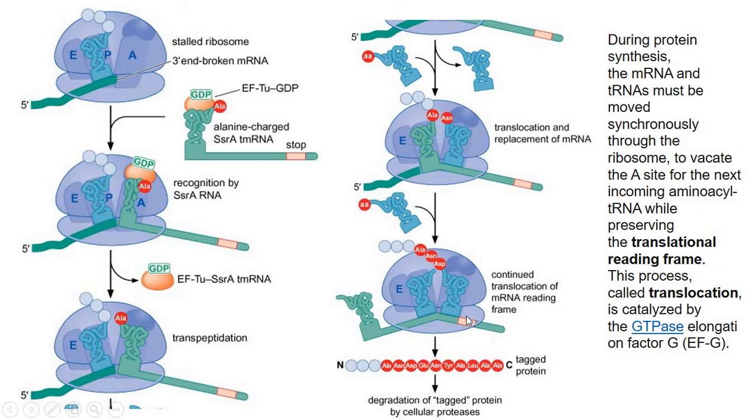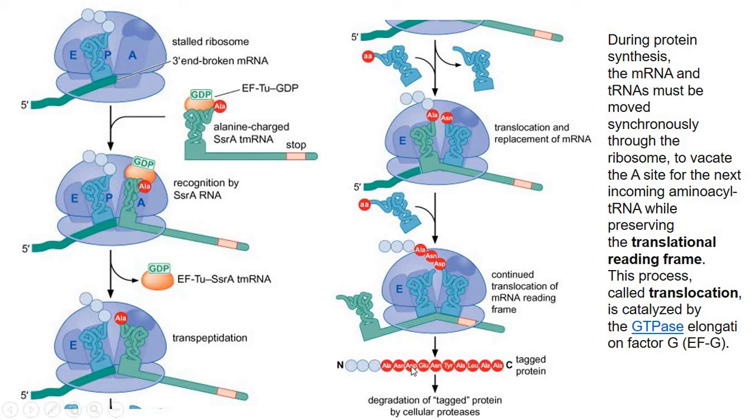That means it will continue adding the amino acid based on the codon. So it doesn't switch the codon; it still keeps the codon, and then once it reaches the stop codon, it will be the similar way of termination as it would be if it was a normal mRNA molecule.